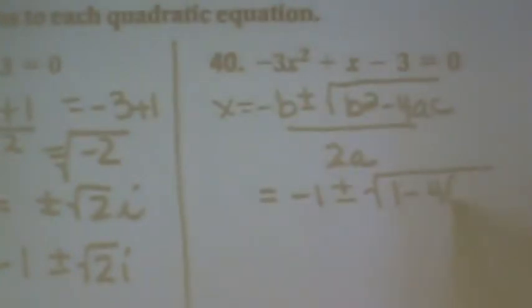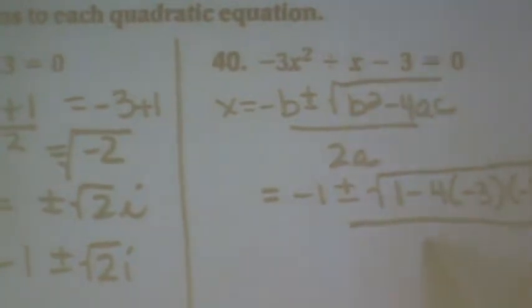So it's the opposite of negative 1, plus or minus the square root of 1 squared, which is 1, minus 4 times negative 3 times negative 3, all over 2 times negative 3, which is negative 6. If we simplify this, we get 9 times 4, which is 36, and 1 is 37.